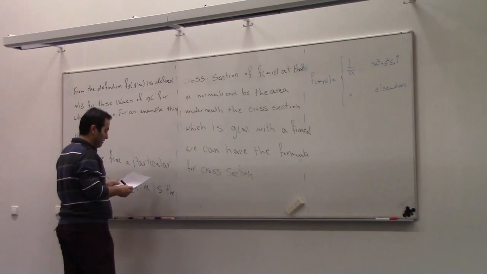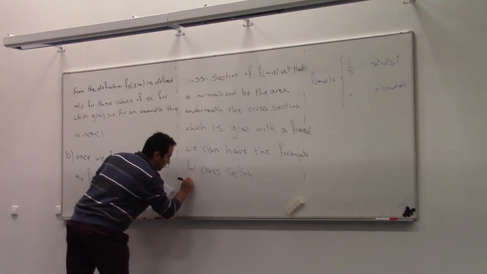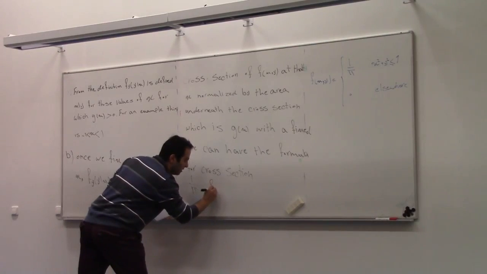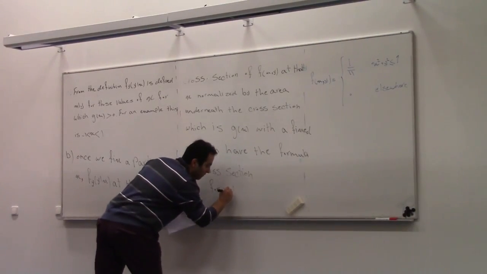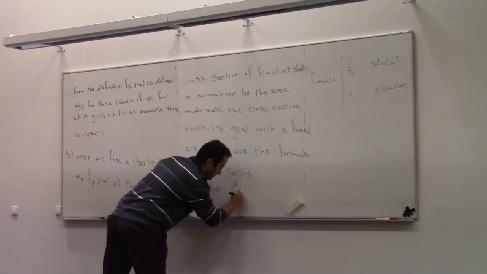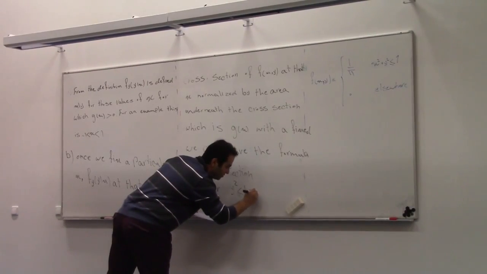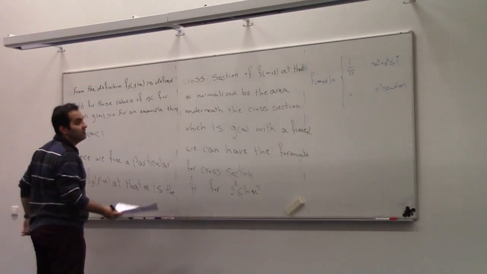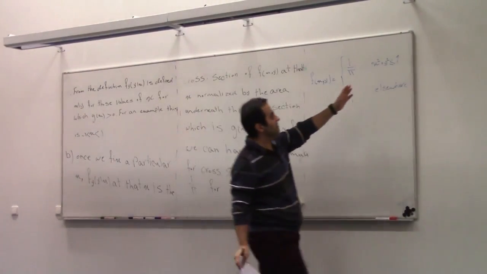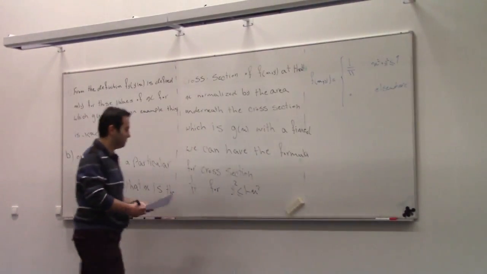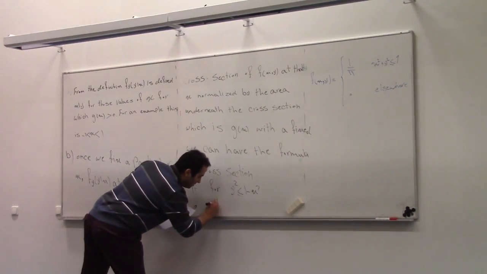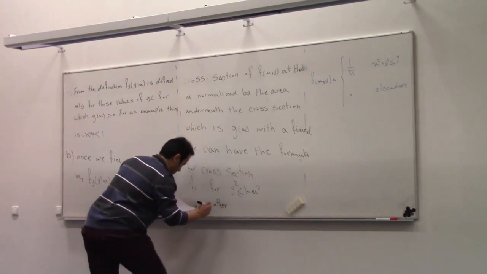Okay, we know that it is 1 over pi for y squared less than or equal to 1 minus x squared, because if we send it to the other side, we can write something like this, and 0 for other parts.